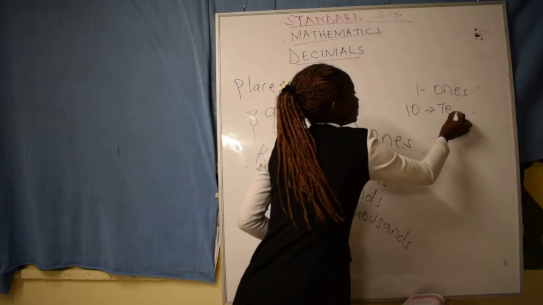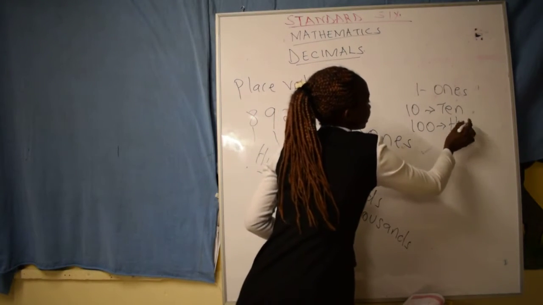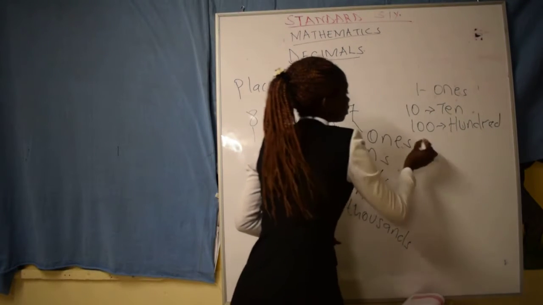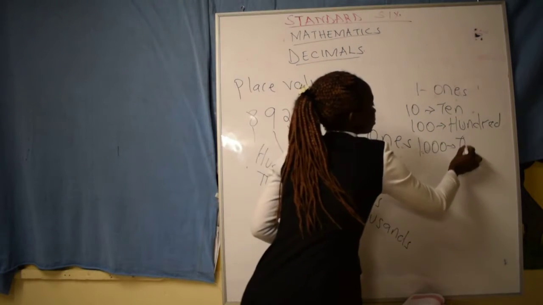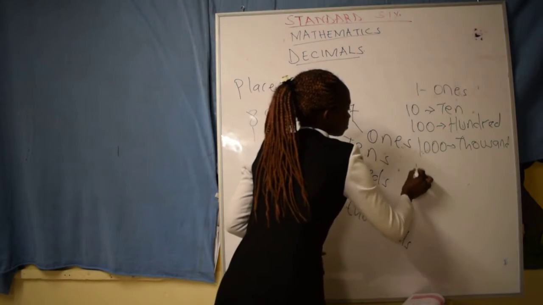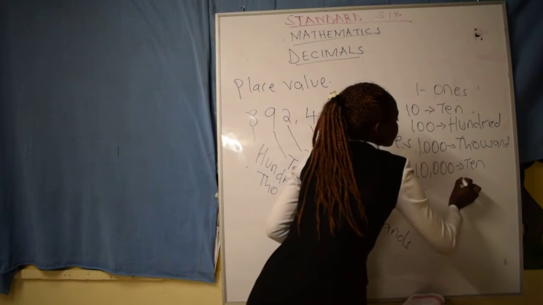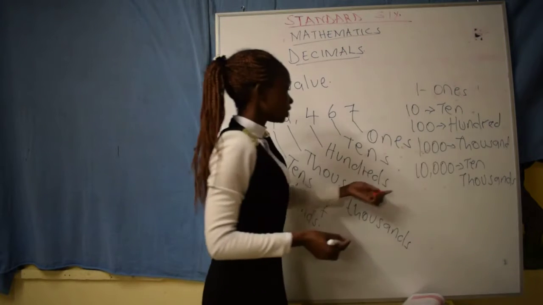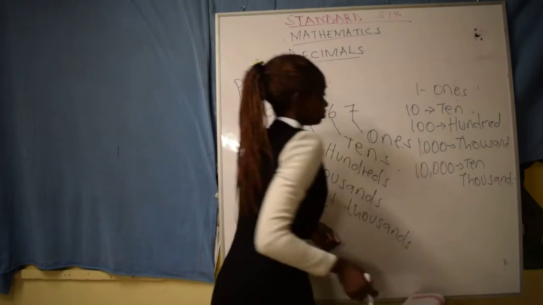Then we have 100. We also have 1,000, which has 4 digits. And with 5 digits, we have 10,000. And so on. When we go to 100,000, and lastly to millions.